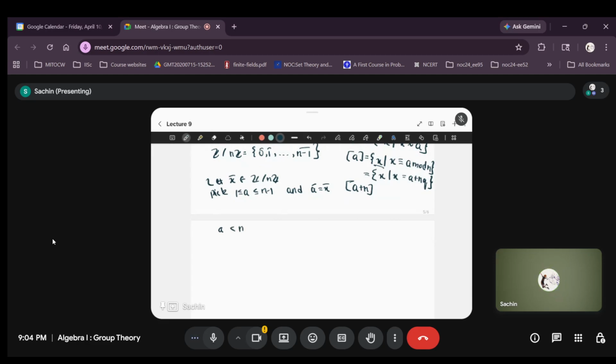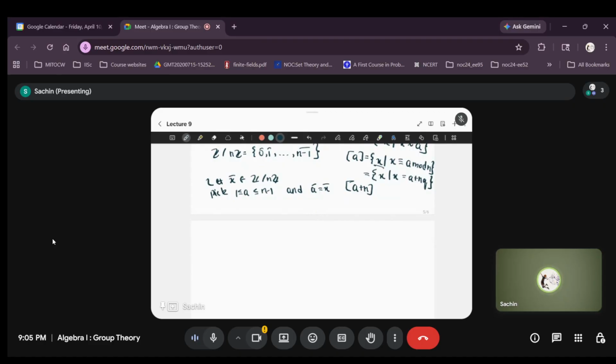Now, if a is greater than 1 also, for 1 we already have the inverse is 1.